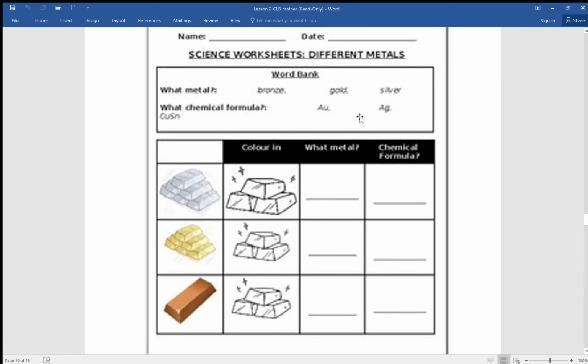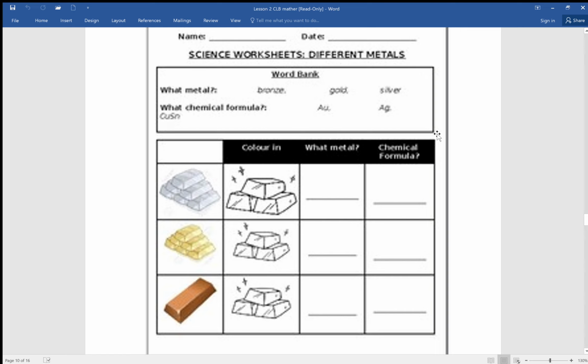So, different metals. What is this metal? Yes, it's silver. It's the second most valued metal according to like everybody, and its chemical symbol is Ag. I do know that everyone here is not old enough for this, but I'm just teaching extra info, and if I'm mistaken about something, please don't mind.